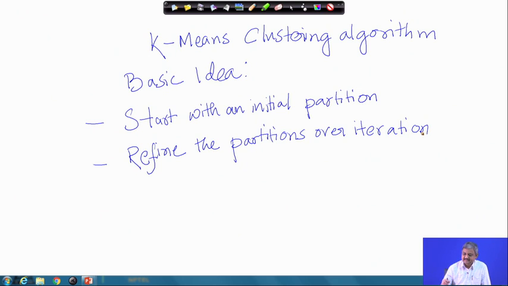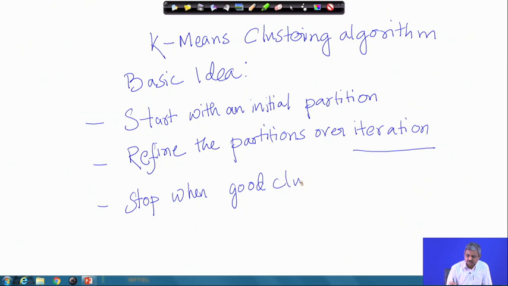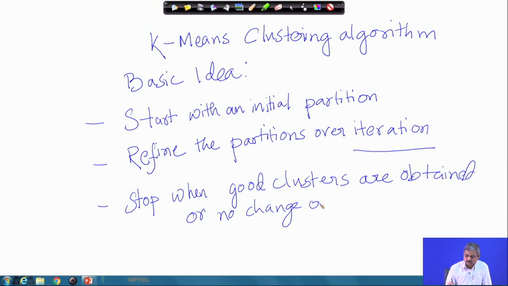This is an iterative algorithm, refining over iterations. This is the idea. You start with some initial partition and then refine it.